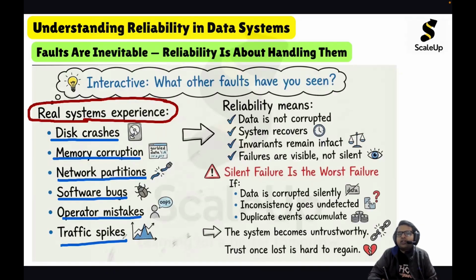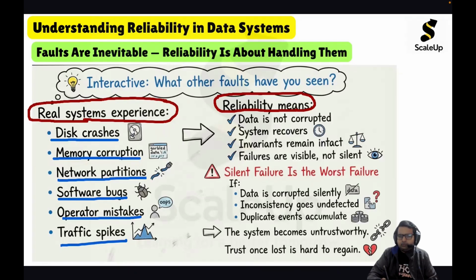Real systems experience disk crashes, memory corruption, network partitions, software bugs, operator mistakes, traffic spikes. They come across many abnormal, uncertain situations wherein they drift away from their normal state. Reliability means handling those faults and failures gracefully.